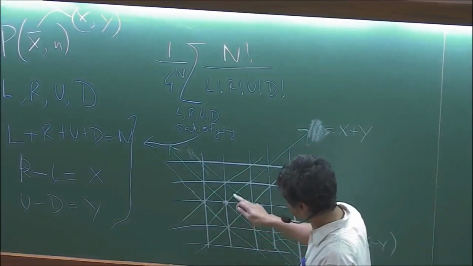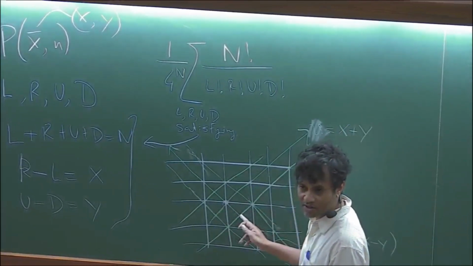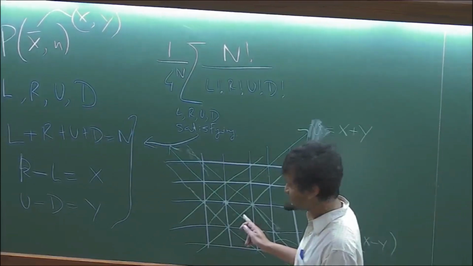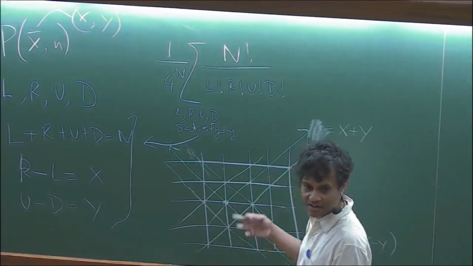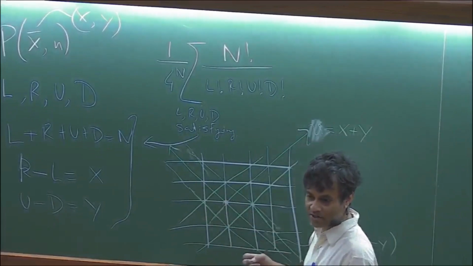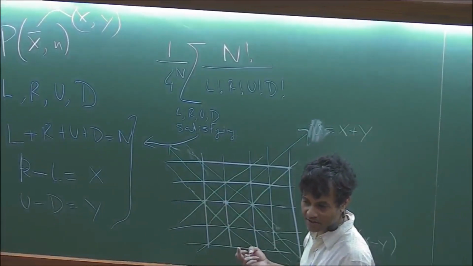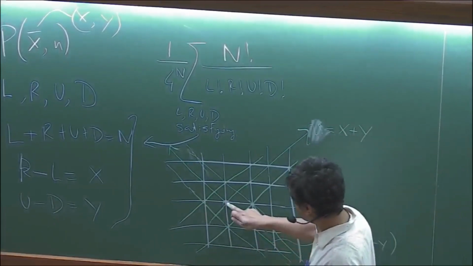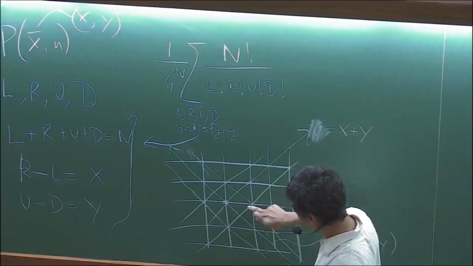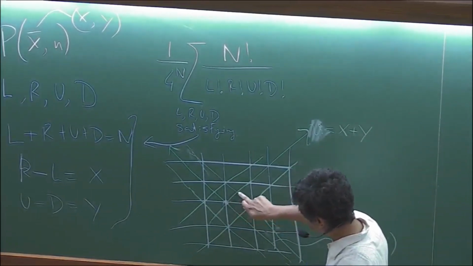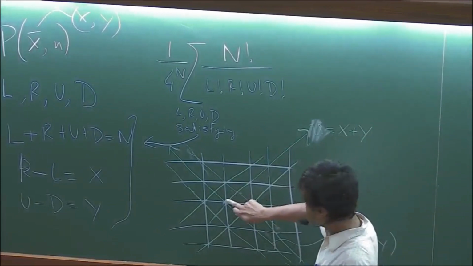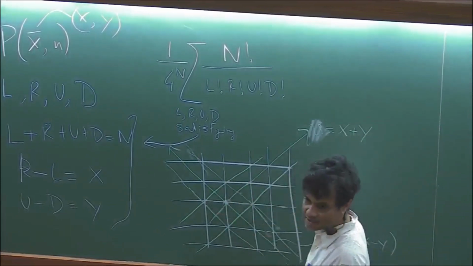In this other lattice, it's also doing a random walk, but the jumps are on the diagonals. When the walk moves here on this lattice, it can't go here, but it's going on the diagonals basically.